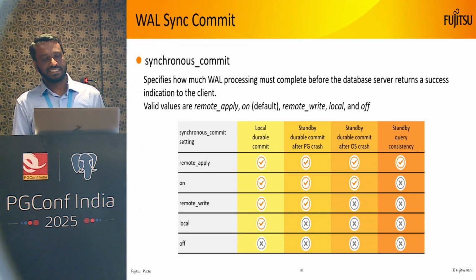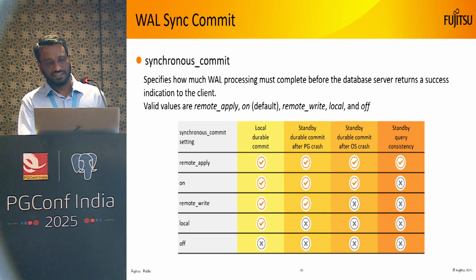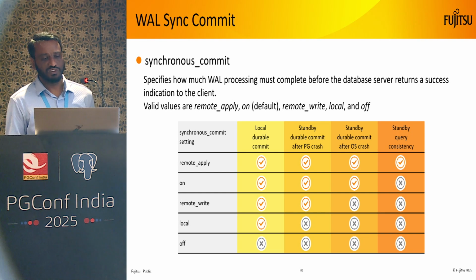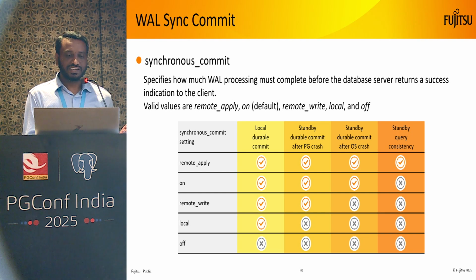So this is an important configuration, synchronous_commit. We have various options: off, local, remote_write, on, and remote_apply. If you have configured it to off, during commit operation, we won't flush the contents from the WAL buffer to the WAL file.